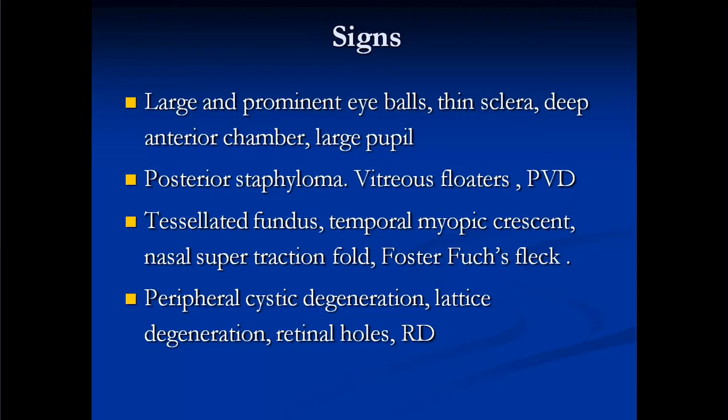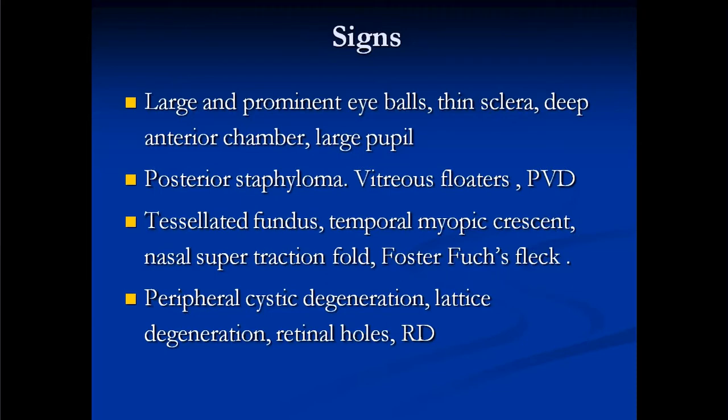Then there can be posterior staphyloma. This can be seen either by B scan or by indirect ophthalmoscopy, not direct ophthalmoscopy. This is the posterior segment finding. You will be able to appreciate it only by indirect ophthalmoscopy and B scan.